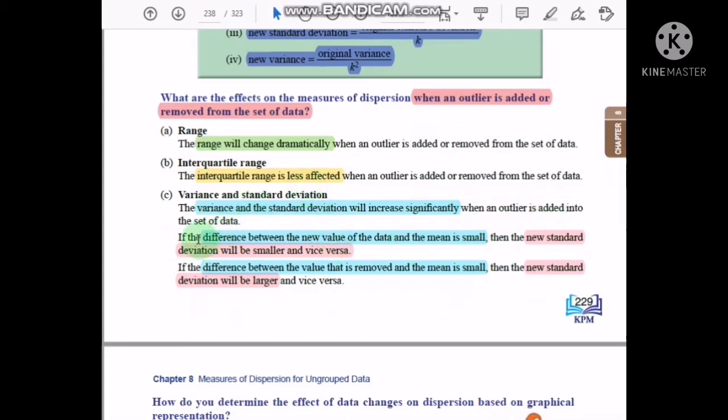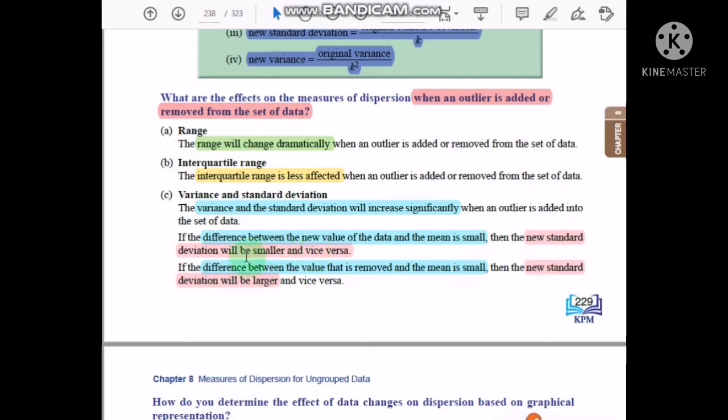If the difference between the new value of the data and the mean is small, then the new standard deviation will be smaller, and vice versa. This means that when the outlier is added and the difference from the mean is small, the new standard deviation will be smaller.